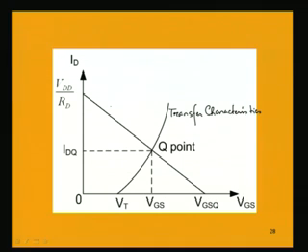This straight line is drawn by just connecting the two extreme points, which are given by VDD by RD, the value ID maximum, and VDD.